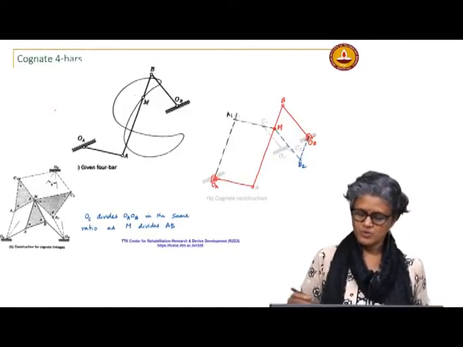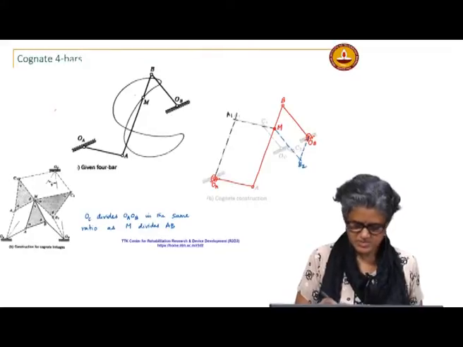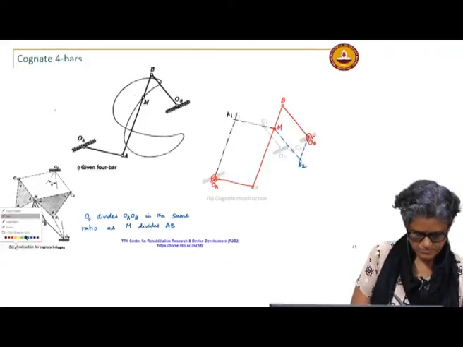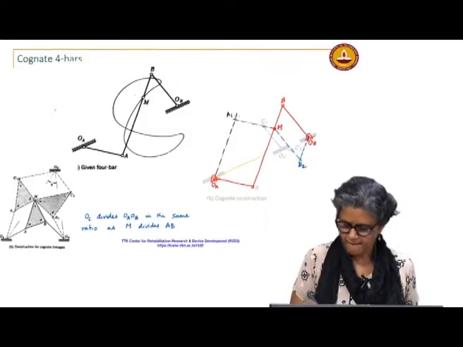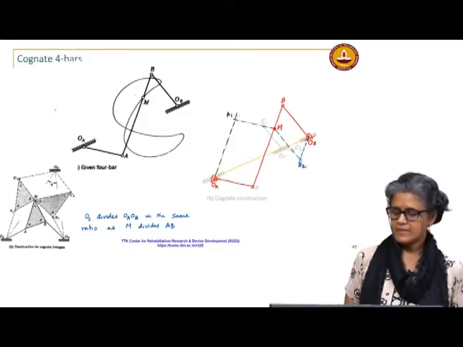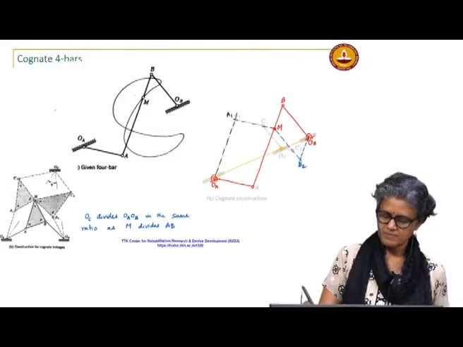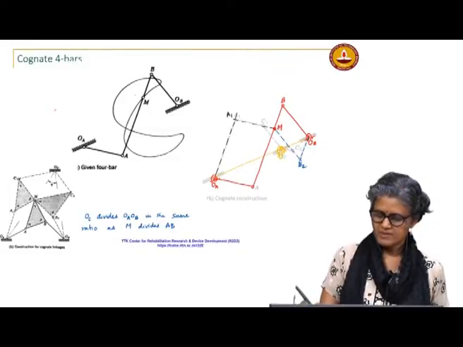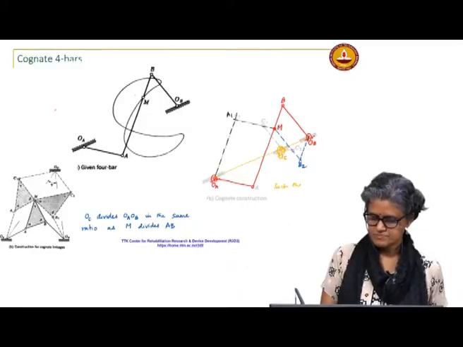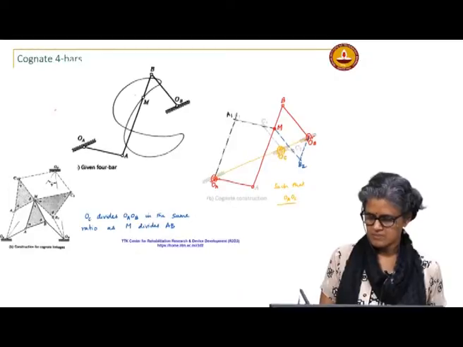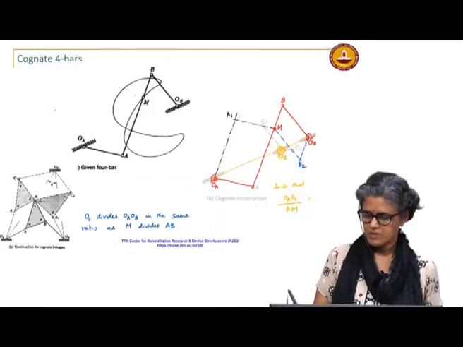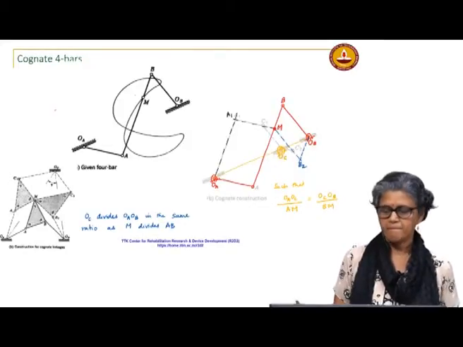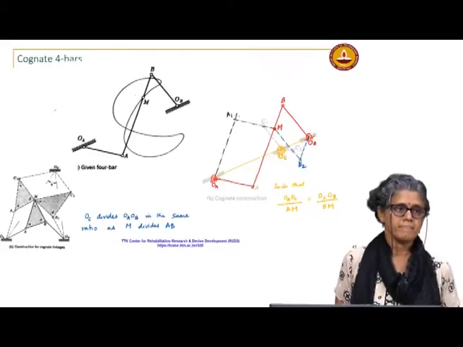So, if I take this distance, then I locate OC here such that OA, OC by AM equals OC, OB by BM.